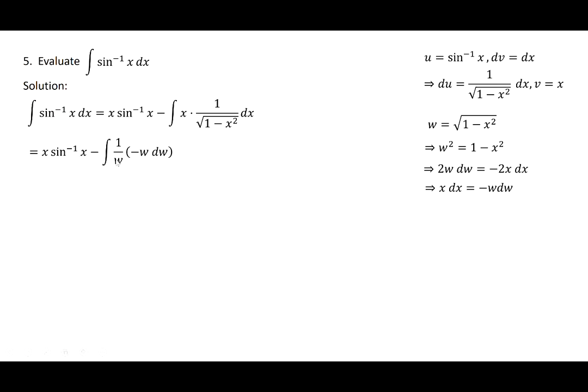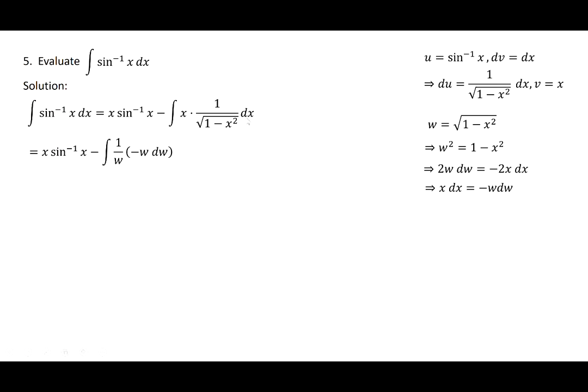X sine inverse x minus, what did I do? This 1 over square root of 1 minus x squared would be 1 over w, and for x dx I plugged in negative w dw. Are you with me?